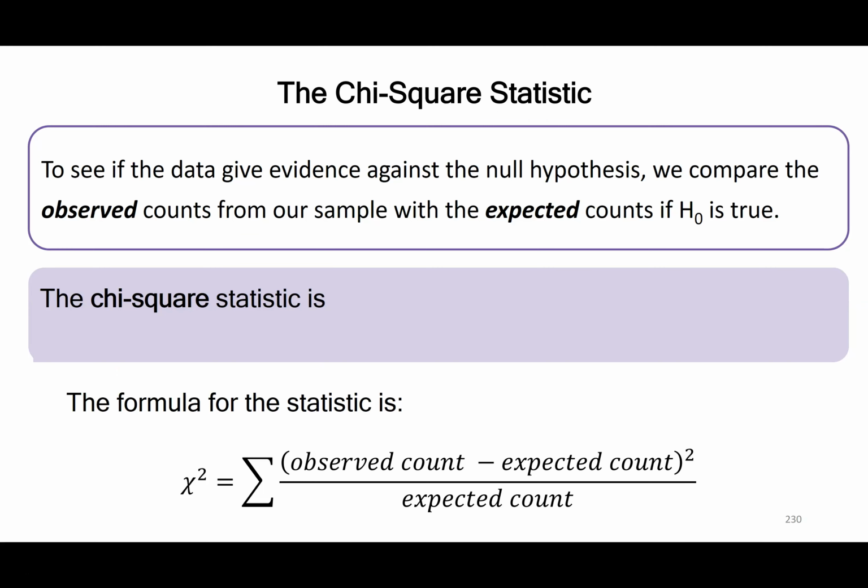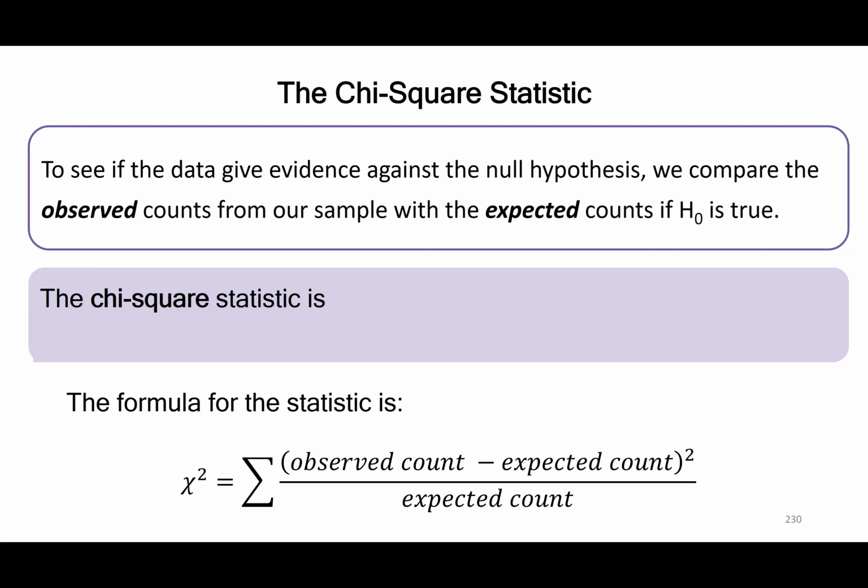In order to figure out whether or not the distribution that's claimed by Mars is good or bad, we want to compare what we observed in the actual sample, the counts of colors we saw, versus what we would have expected to see.